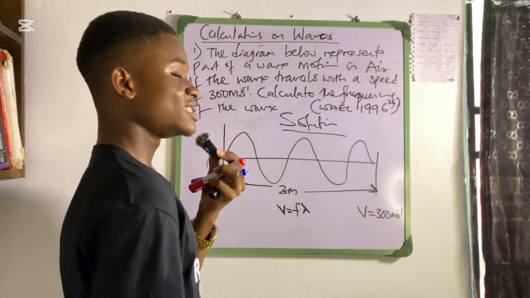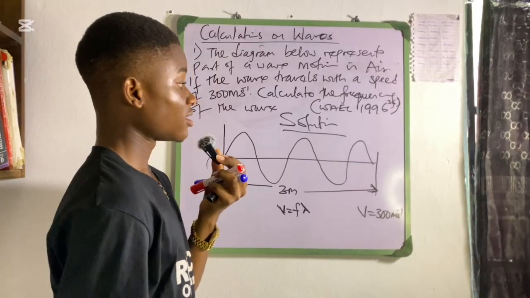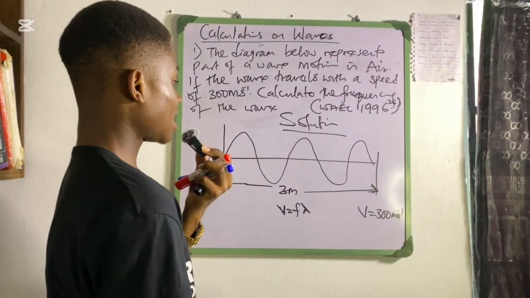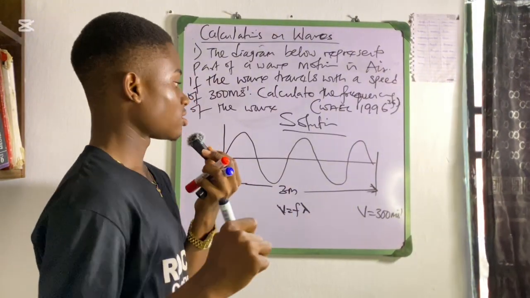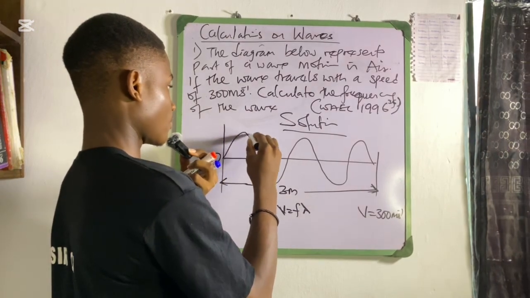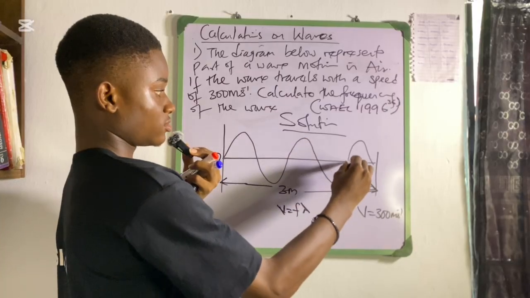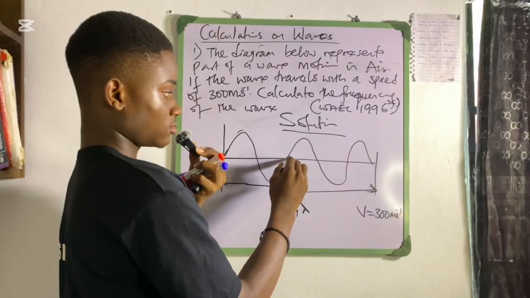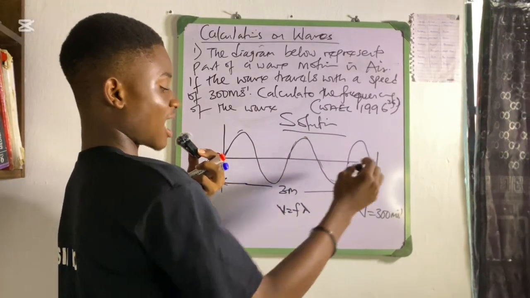The wavelength is the distance between two successive troughs or crests, and also the length of one complete oscillation or cycle. So this is one wavelength, from here to here. This is one wavelength, 1, 2. Then this is just half.